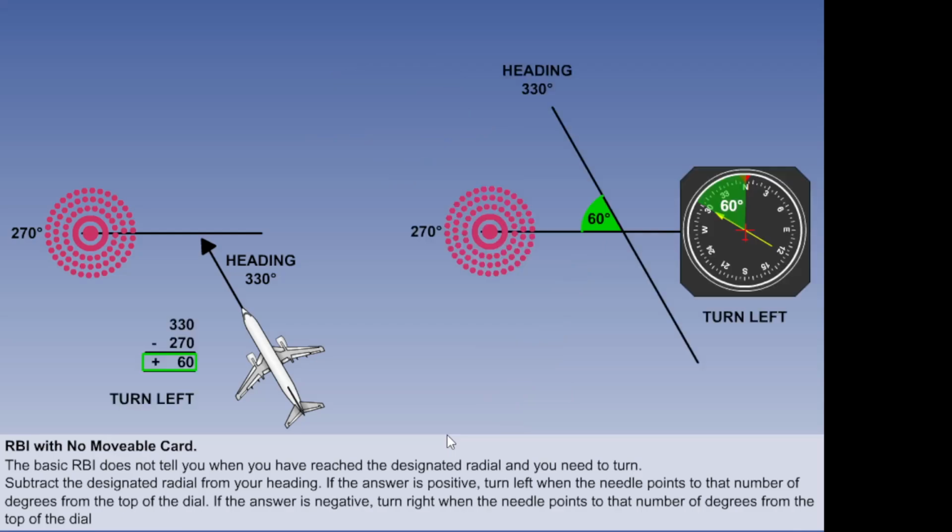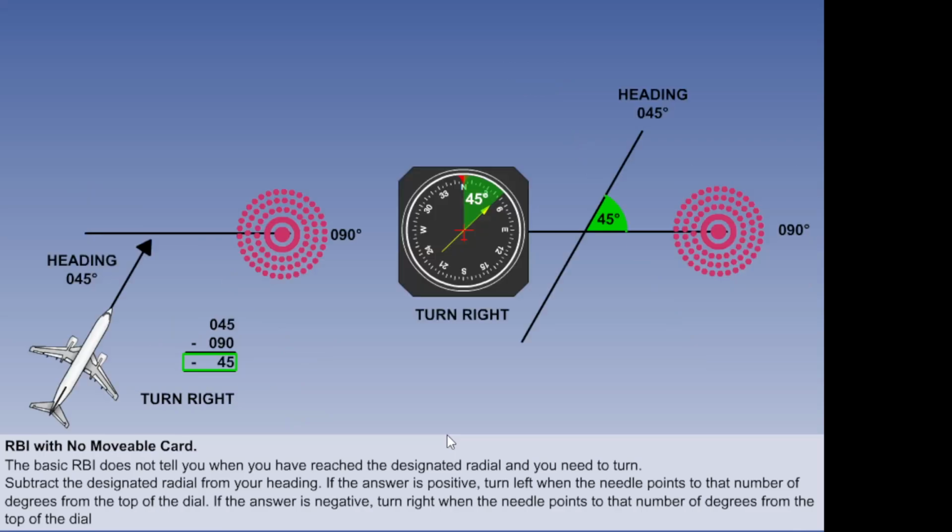Let's use some figures to illustrate this. Your heading is 330 degrees, and you are to intercept a radial of 270 degrees. Deduct 270 from 330, which is plus 60. Turn left when the needle is 60 degrees left of the top.